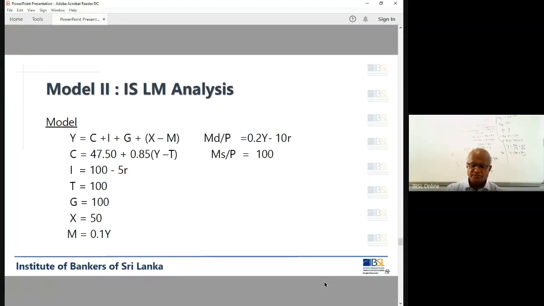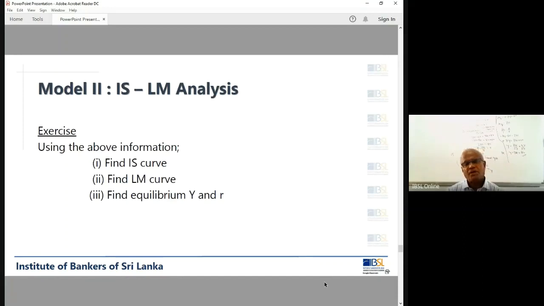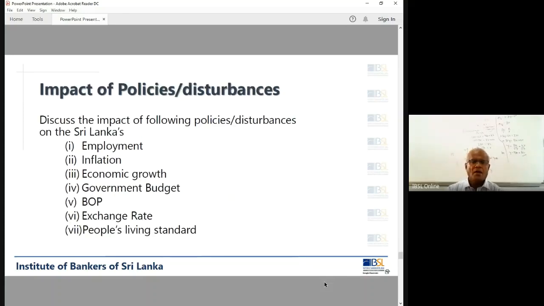20 marks each. Using the above information, find the IS curve, find the LM curve, find equilibrium income and interest rate. Right? Now discuss the impact on... this is in the paper: you get some open question, an applied economics question.